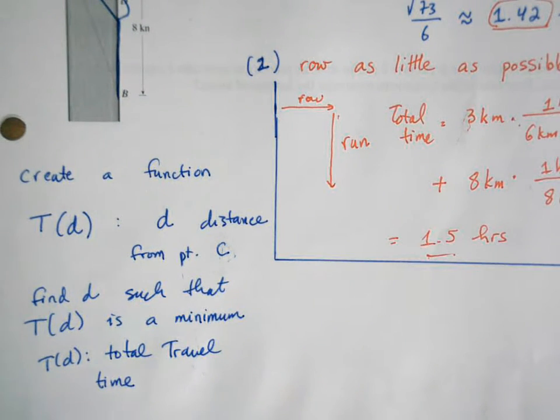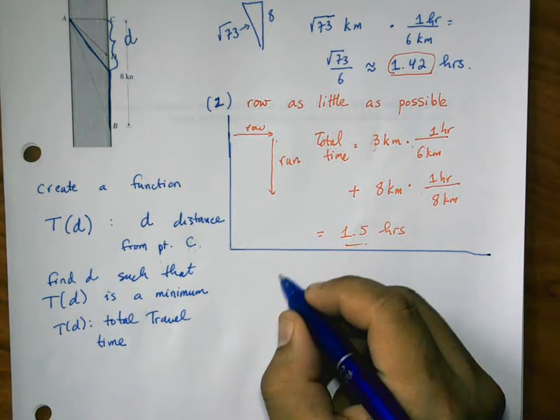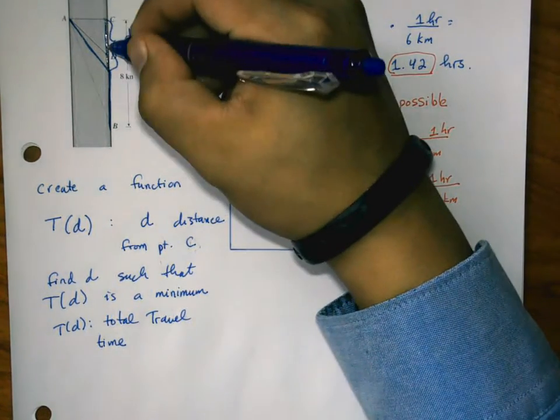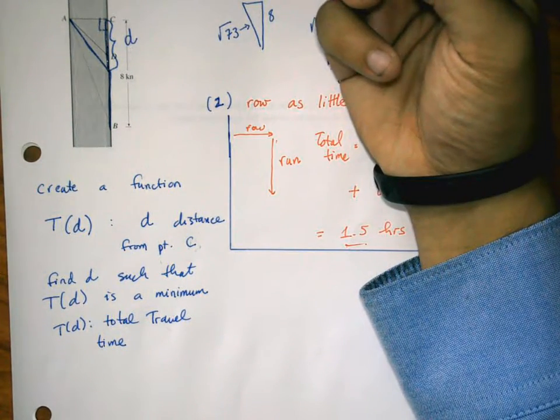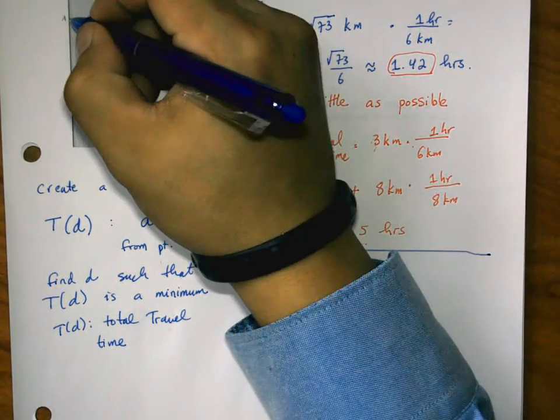And now comes the harder part of the problem. So we're going to write this function T of D, but if you notice right here in this picture, we have a good solid Pythagorean theorem, or a right triangle where the Pythagorean theorem can apply.